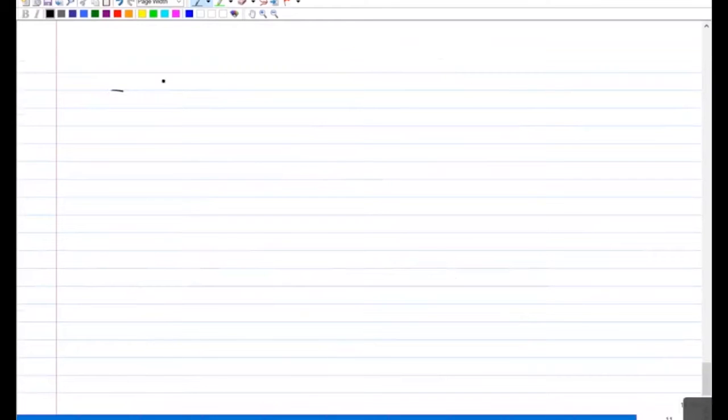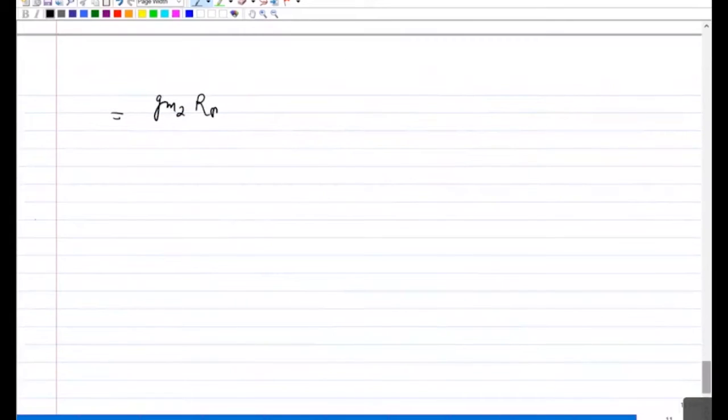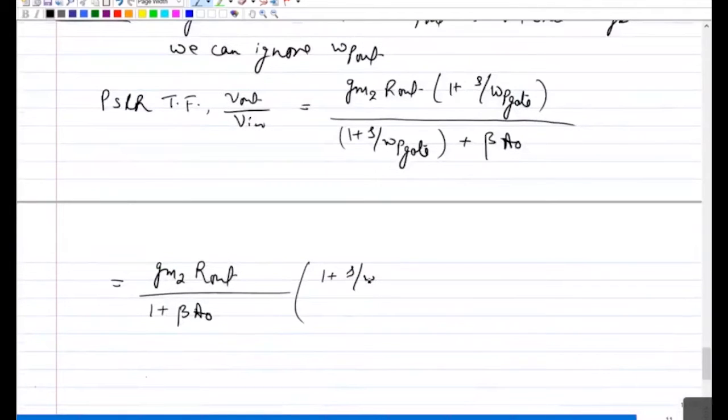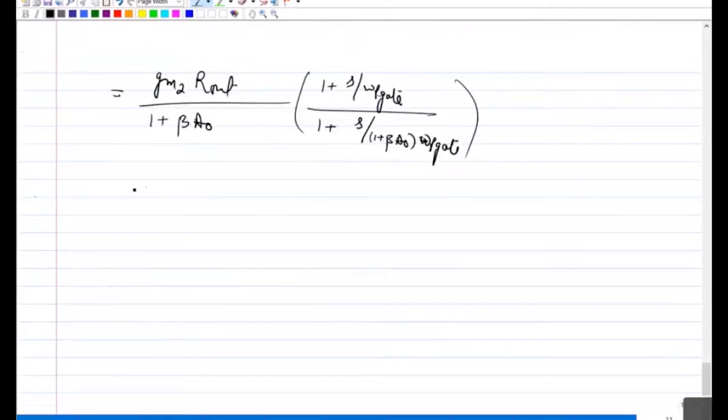And what you get here is GM2 R out divided by... So let's assume beta A naught is much larger than 1.